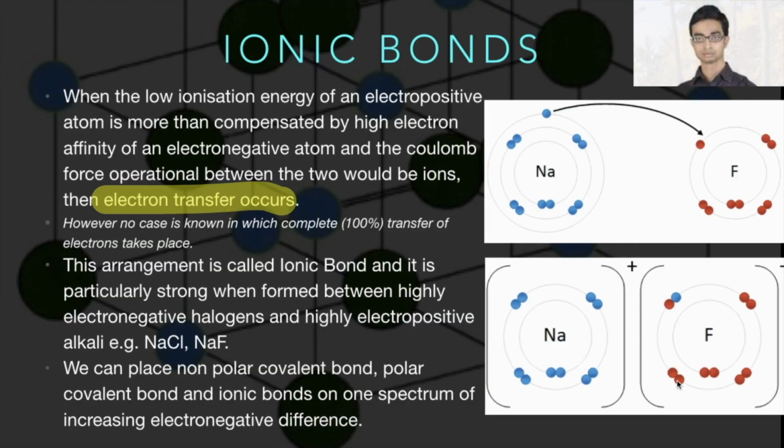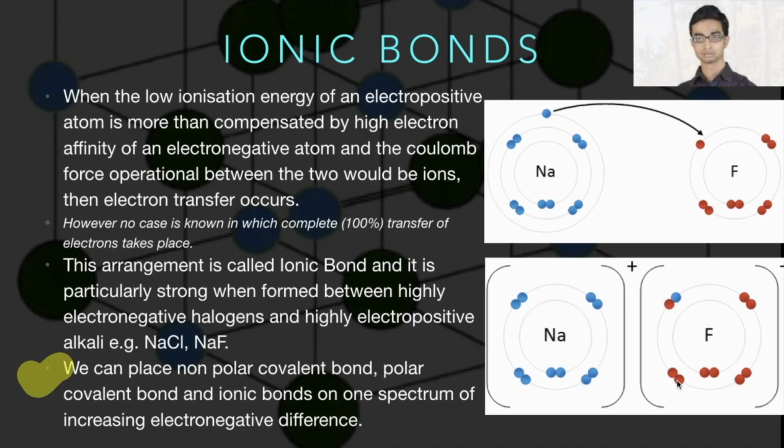This arrangement is called an ionic bond, and it is particularly strong between highly electronegative halogens and highly electropositive alkali metals. We can place non-polar covalent bonds, polar covalent bonds, and ionic bonds on one spectrum of increasing electronegativity difference.